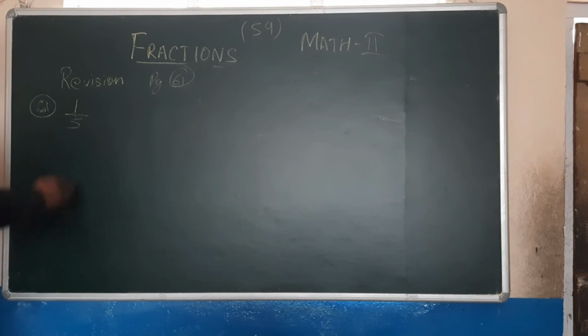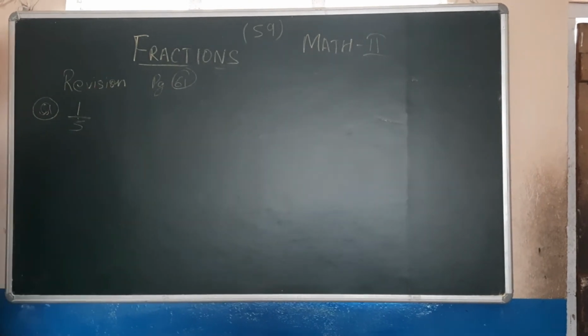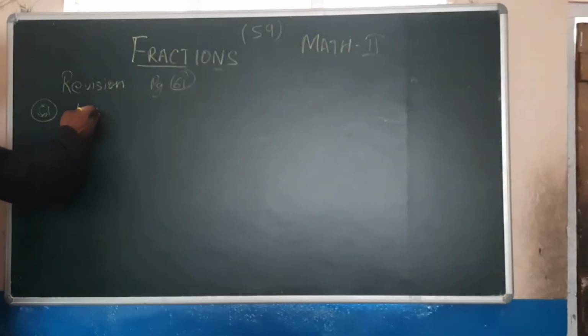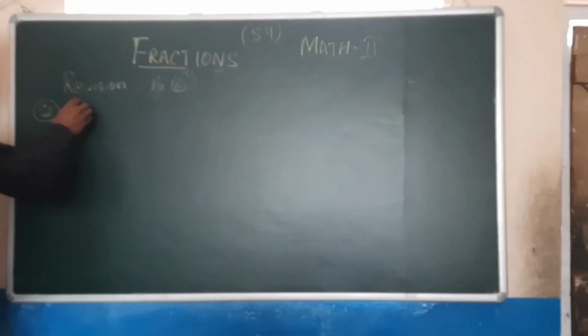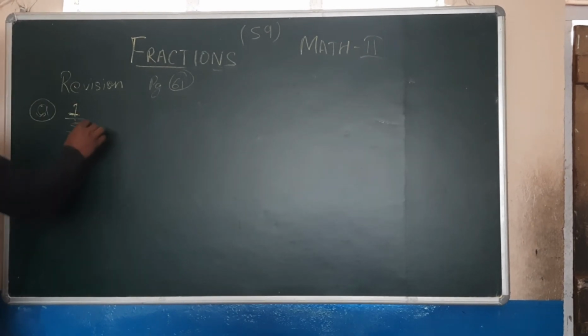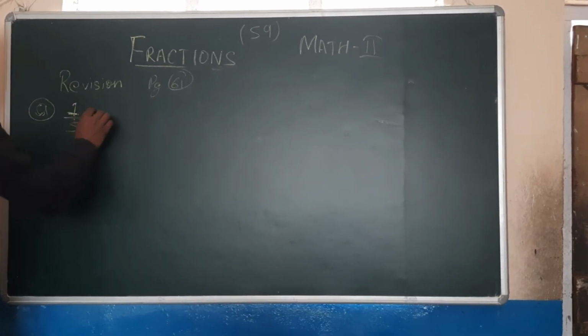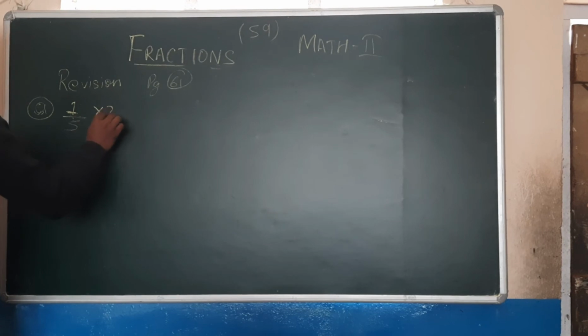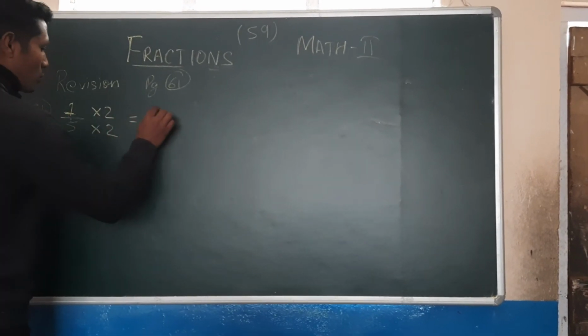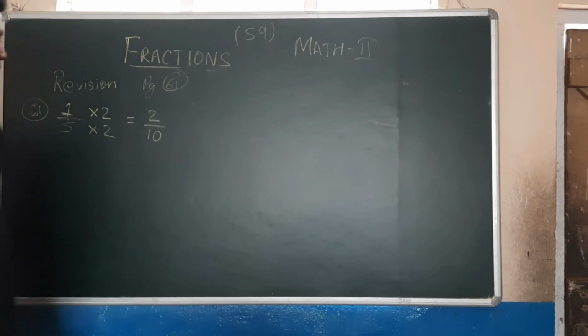Now, how do you find the equivalent fractions? It is simple. You just need to multiply both the numerator and the denominator by the same number. So 1 by 5, multiplying by 2 on both, will give you 2 ones are 2, 2 fives are 10.